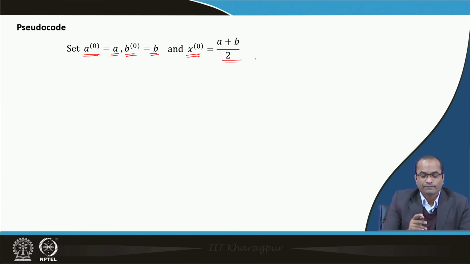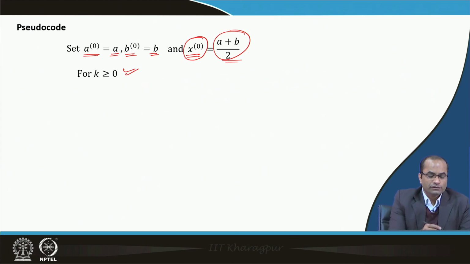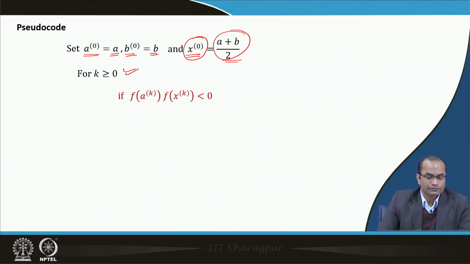We are bisecting the given interval into two equal parts by taking x_0, the middle point of the two end points, and then the algorithm goes as follows. Now we check for k greater than or equal to 0. So, let us say k is 0. We check whether f(x_0) is negative.